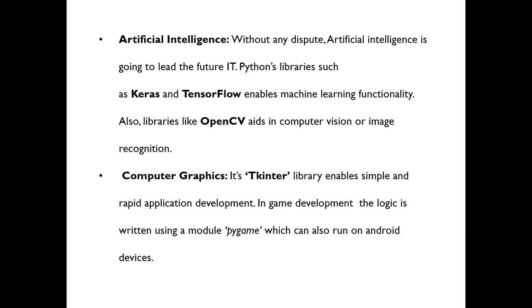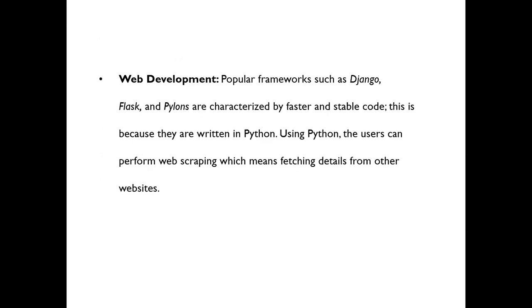And as we discussed, we can create computer graphics based games and applications with the help of Python. So whatever we have discussed, everything is possible, from a simple calculator to a complex artificial intelligence program. The only thing is you need to know the basics thoroughly.